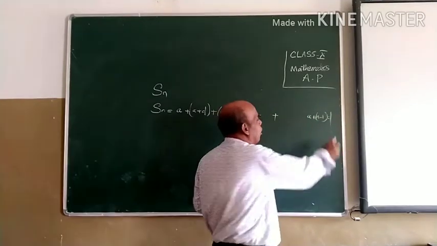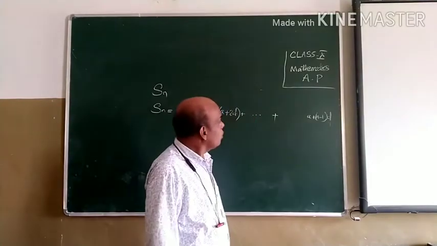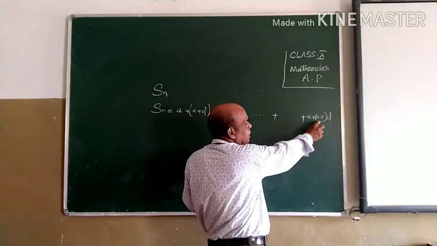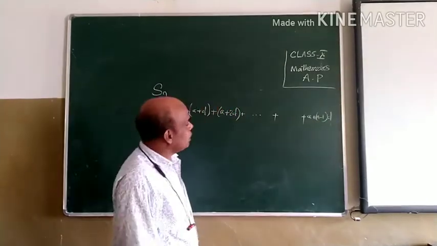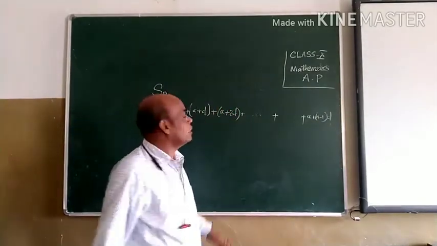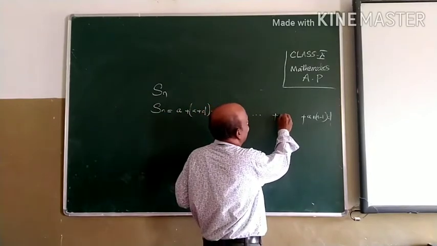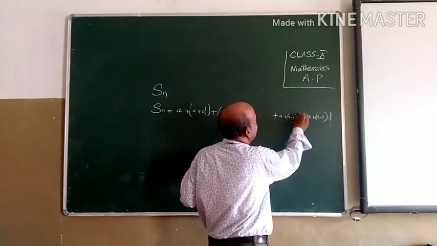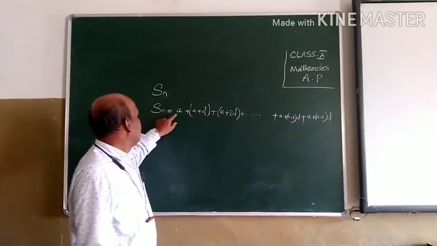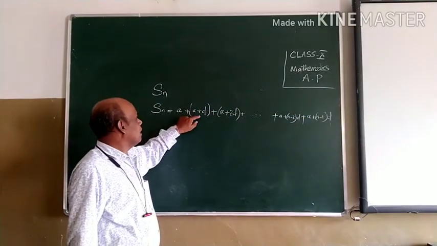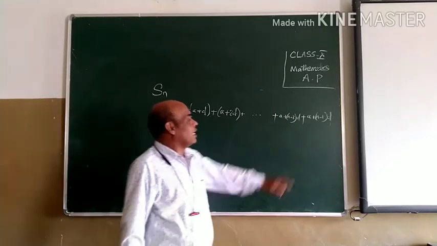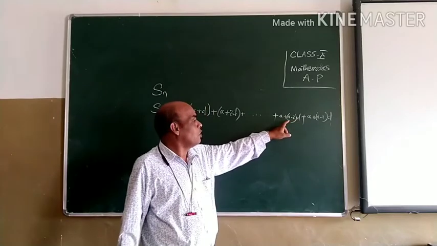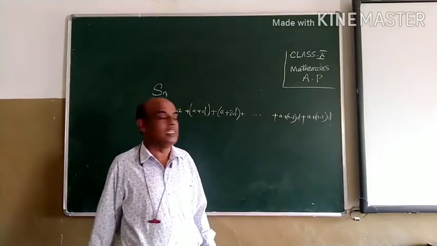Already we have discussed these things. So you should know what will be its previous term. If this is the nth term, ultimately its previous term will be a plus n minus 2 into d. So the first term is a, the second term a plus d, and like that the last term will be a plus n minus 1 into d, and the previous term will be a plus n minus 2 into d.